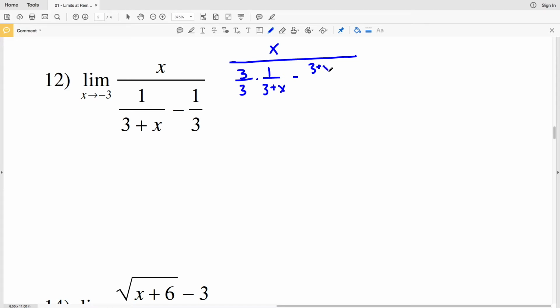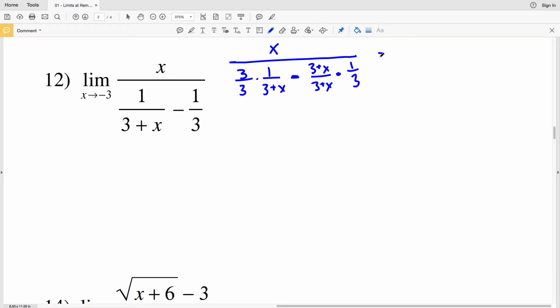So 3 plus x over 3 plus x times 1/3. And I want to reiterate that when I'm multiplying by 3 over 3, I'm multiplying by 1, so I'm not changing the value of that first term. And when I'm multiplying by 3 plus x over 3 plus x, I'm again multiplying by 1 and not changing the value of that second term.